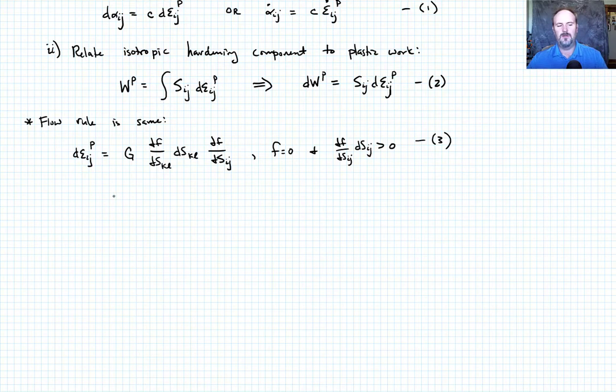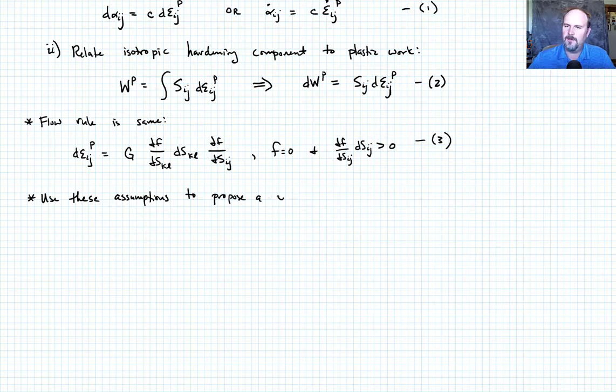So now, having reminded you of the flow rule and now taking these assumptions, I'm going to use these assumptions to propose a yield function of the following form. Let's just say that f, I'm not going to write out the equation explicitly here, is a function of Sij.